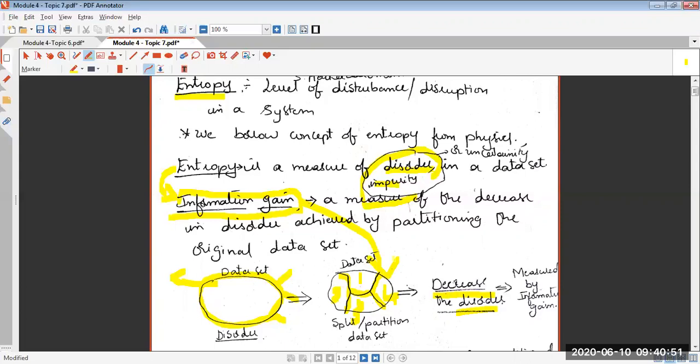Once again, I would like to remind you, in one shot you cannot understand the complete concept of entropy, information gain, and how it is used to build the decision tree. As I will always tell you, it is a step-by-step iterative process. In step one, in the first explanation, you will get some things. In step two, you will get some more knowledge. So you need to link the two.